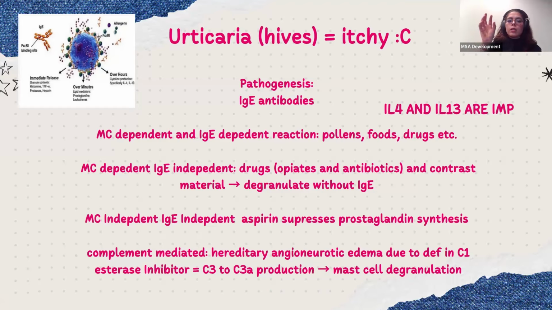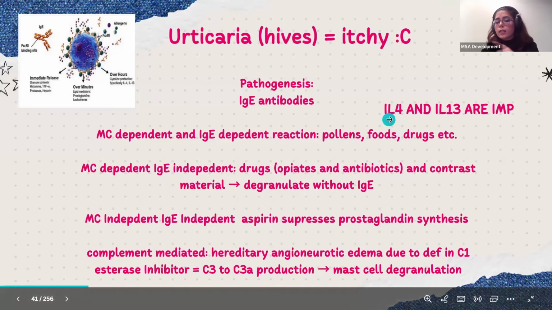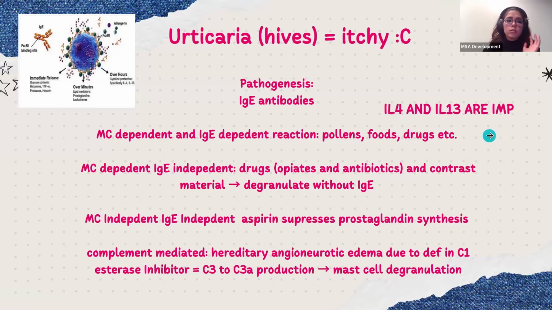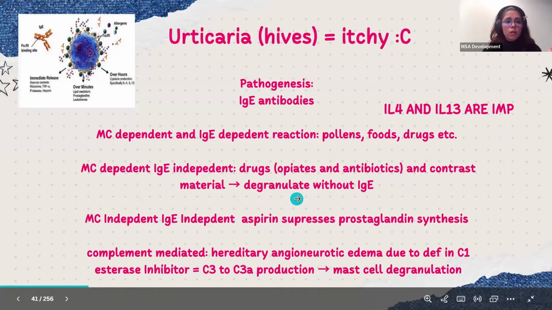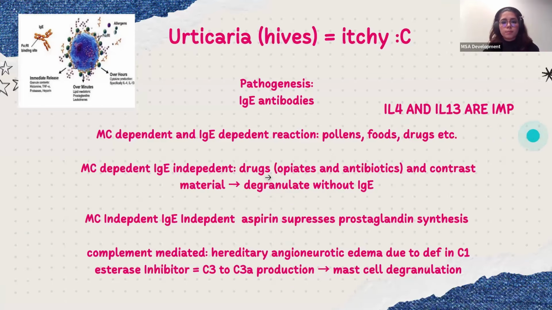If the C1 inhibitor is not there, the C1 will start attaching, and then the complement cascade will go on, and then the mast cell will just degranulate. Interleukin 4 and interleukin 13 are important for this. So again, keep it in mind.